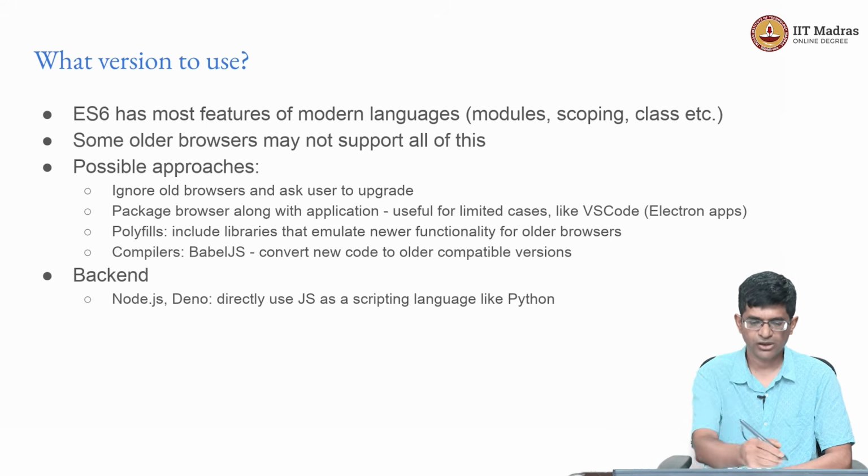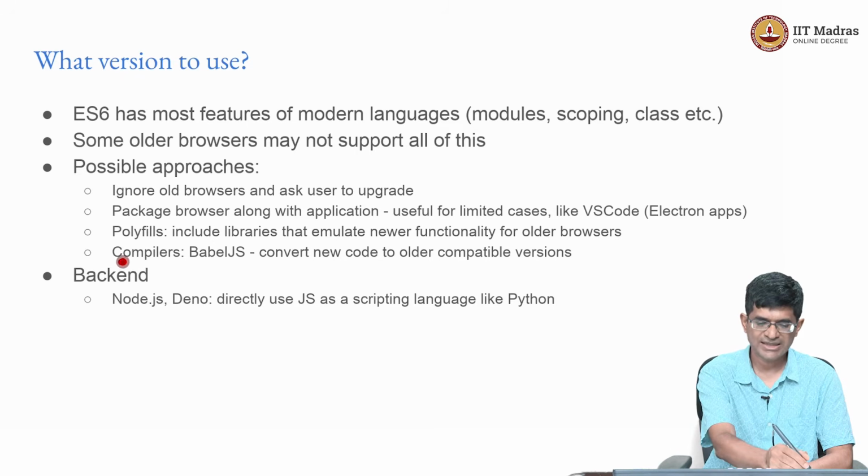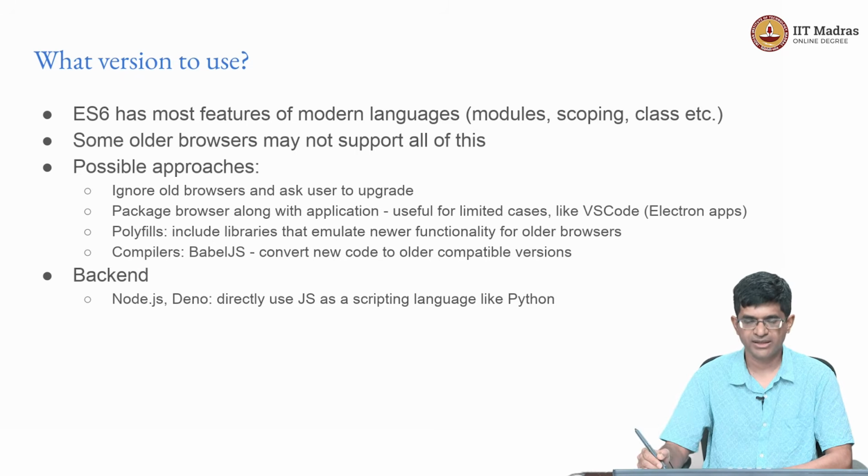There is something called a polyfill, which essentially is a library that emulates newer functionality so that it can still run on an older browser that does not have the same functionality. Effectively, what a polyfill does is related to the concept of what a compiler does, where it takes the newer constructs in the language and modifies them so that they can be run on older versions of the JavaScript engines.